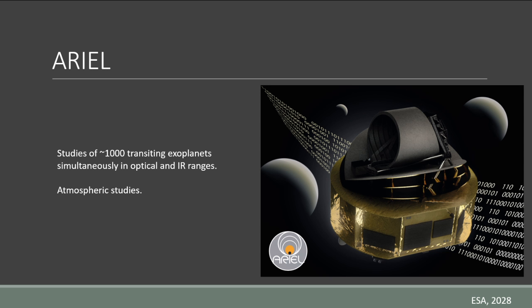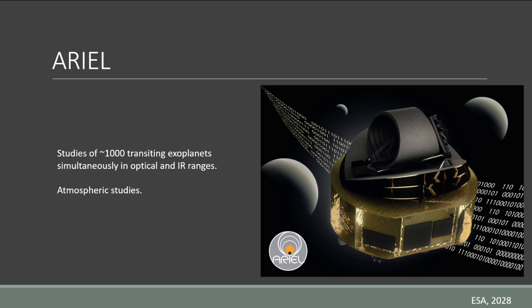But in addition to just discovery of new exoplanets, we need detailed studies, and one of the specialized satellites for it will be called Ariel. It's approved. It's another European satellite.